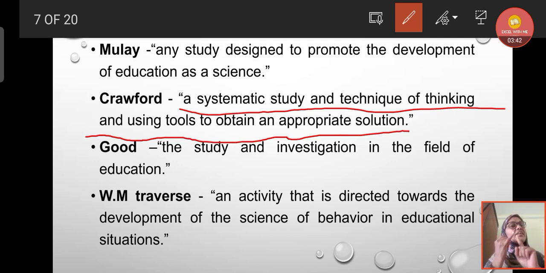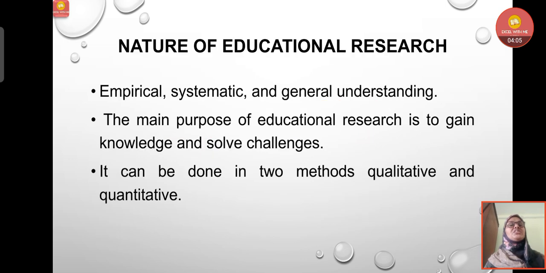So, a systematic study, a technique of thinking, and in this thinking we are applying the tools to obtain an appropriate solution here. Now, Good says it is the study and investigation in the field of education, and W.M. Travers says it is an activity that is directed towards the development of a science of behavior in educational situations, obviously. So, these are the definitions we have to remember.